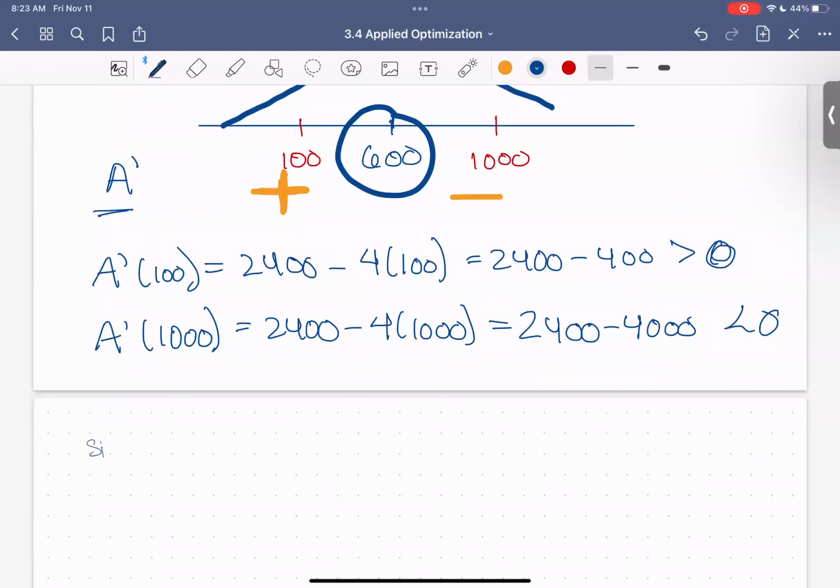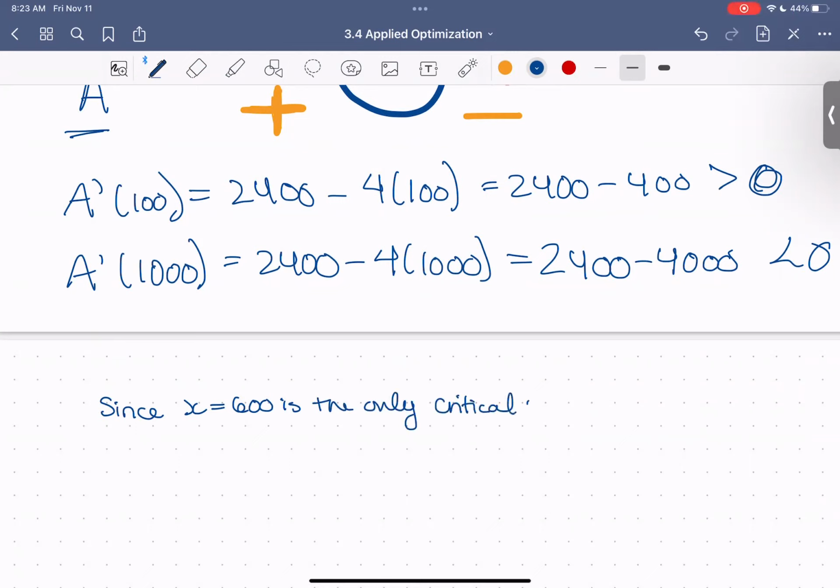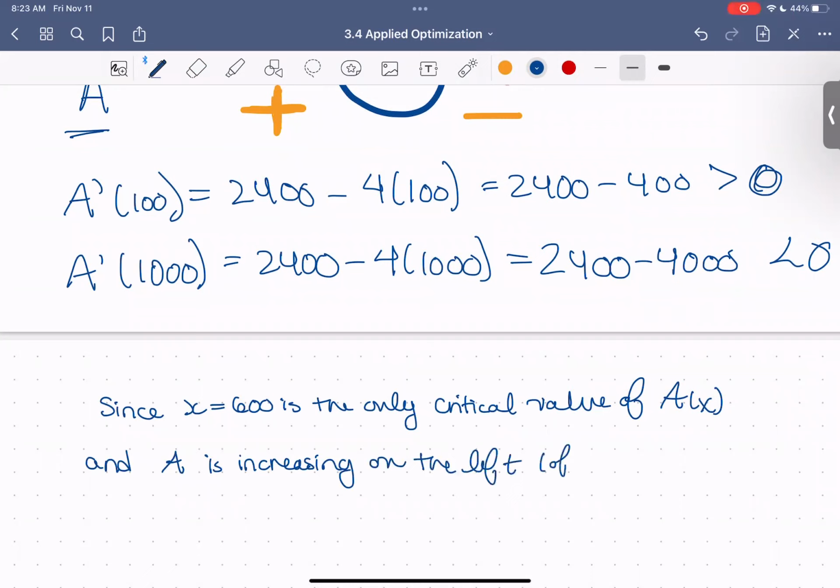So what do we have? Since x equals 600 is the only critical value of a of x, and a is increasing on the left of 600 and decreasing on the right, again, of 600.